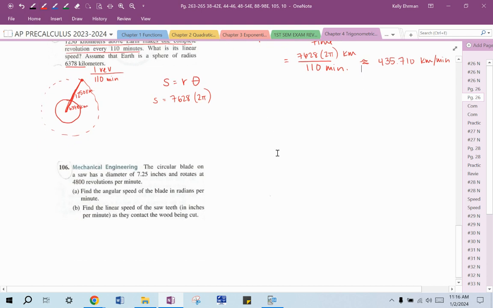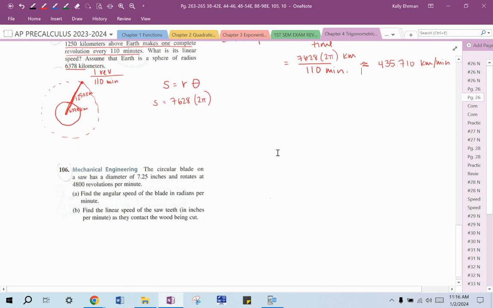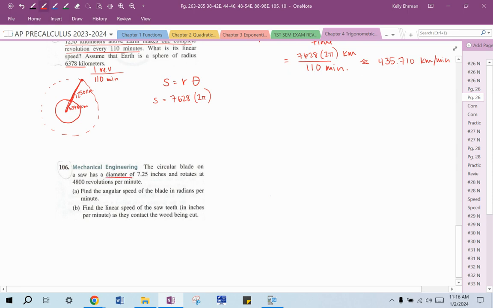Okay, next problem, mechanical engineering. The circular blade on a saw has a diameter of 7.25 inches. Right away, I'm going to change that to a radius of 7.25 divided by 2, which is 3.625 inches.